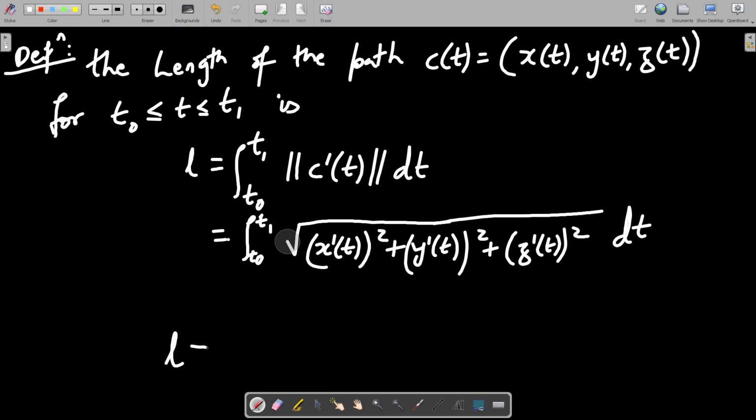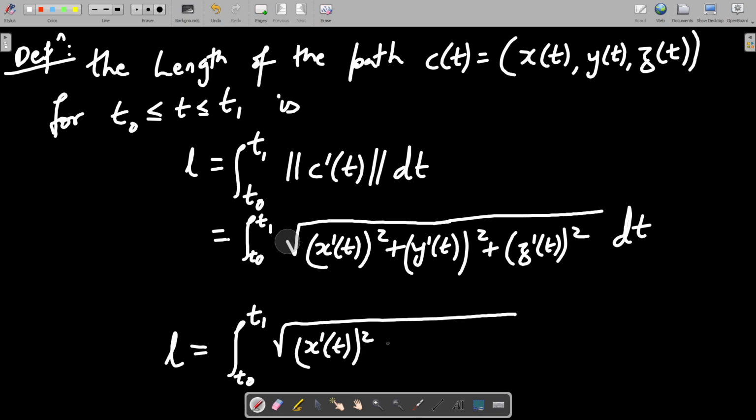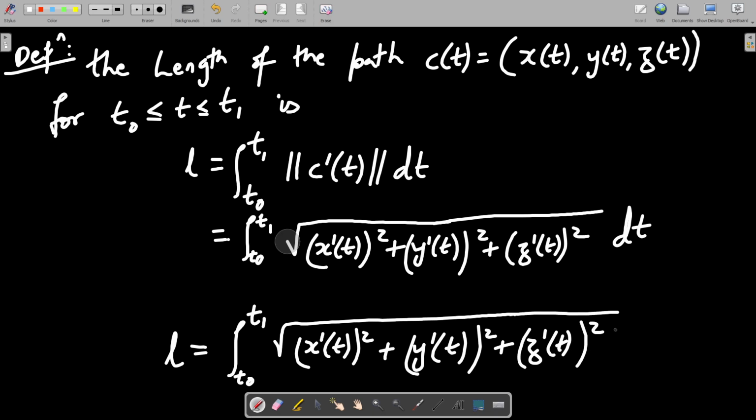Hence we have the formula: arc length is equal to the integral from t naught to t1 of this. So this is the formula, put it in a box.